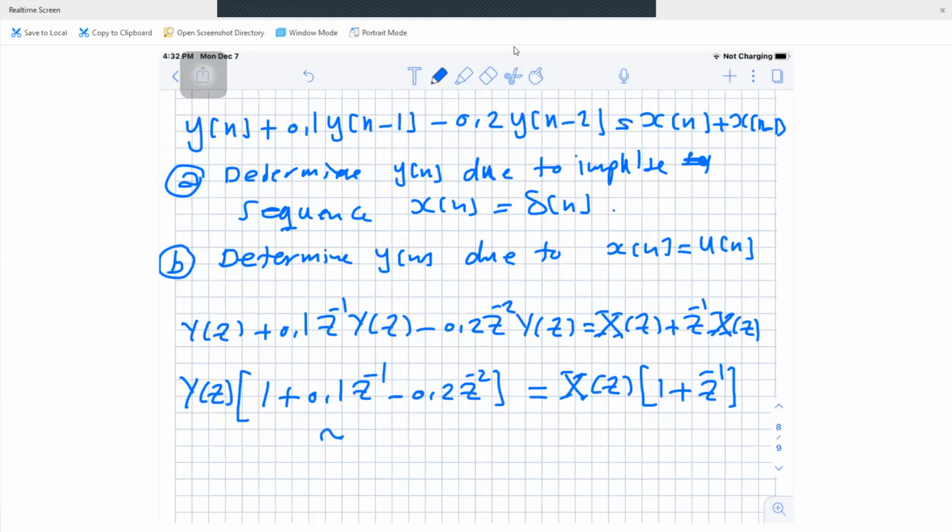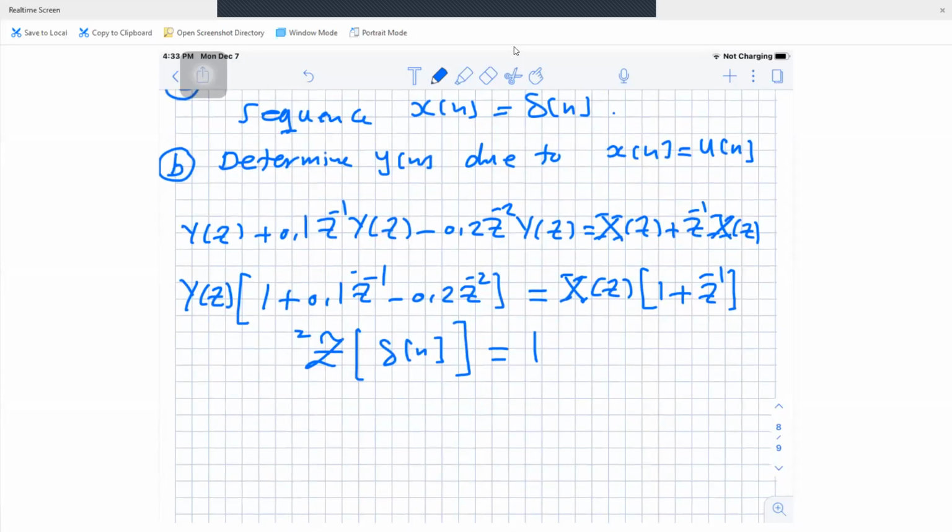And as you know, the Z transformation for delta of n is equal to 1. So easily we can determine the Z transformation for this one.